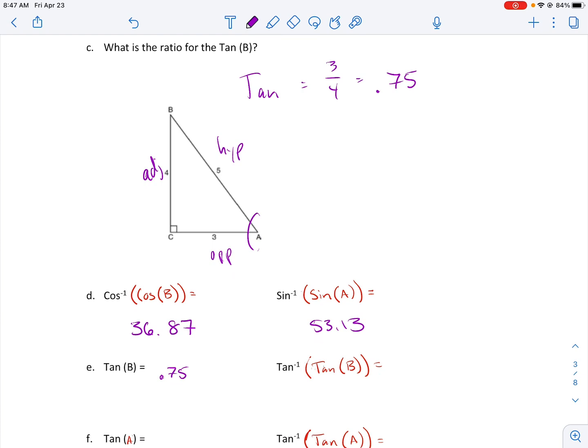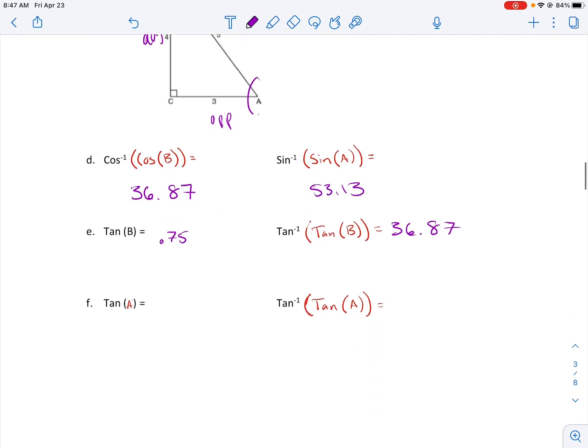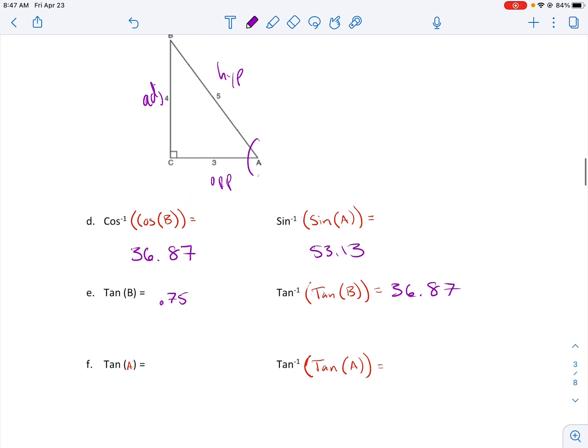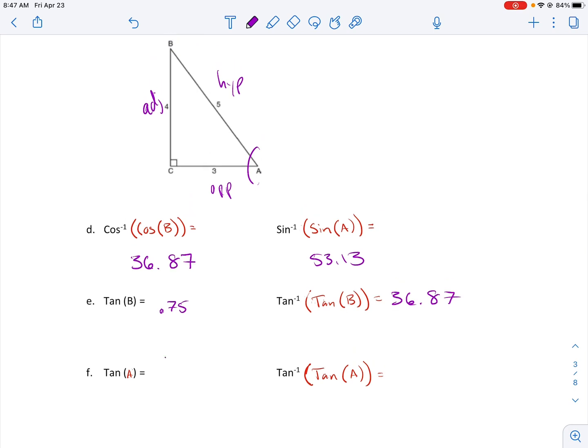What do you expect to get? Oh boy, 36.87. And finally, the tan of A. Okay, so take the inverse of that guy. What do you expect to get for A? Hopefully you've figured out the pattern here. 53.13 degrees. Okay?